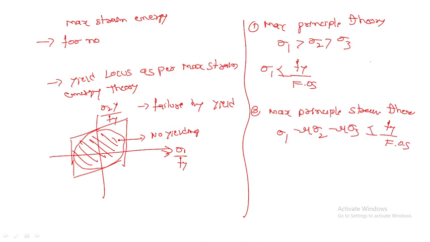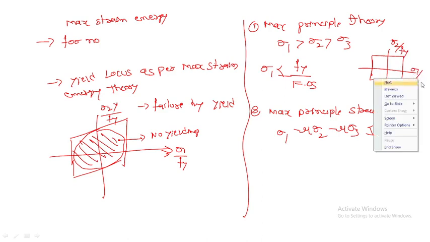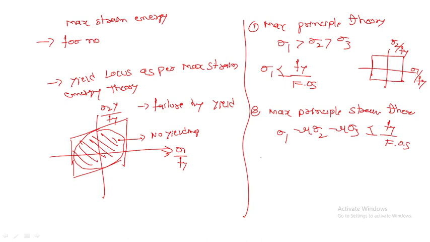This is the factor of safety in the formula, and for this it will appear like this. So this is delta 2 by fy, and this is delta 1 by fy, and for this one, the value is like this, for this dou square y.